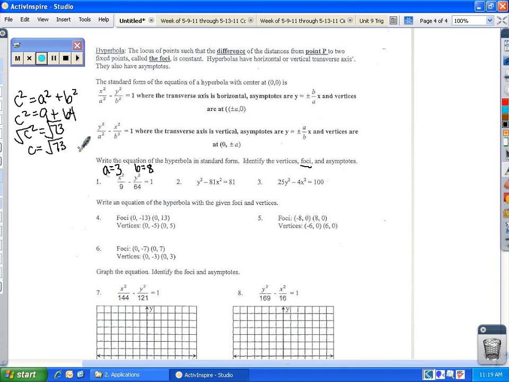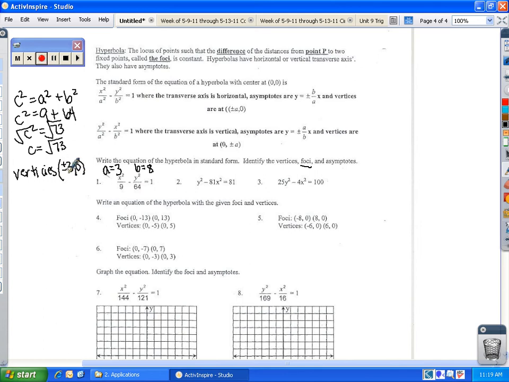Now the square root of 73 is probably somewhere around 8.3. So when you graph those, you're going to want to graph them at about 8.3 on the transverse axis. Now since the a value is associated with x, I know that my transverse axis is going to be along the x-axis. So therefore my vertices are going to be plus or minus 3, 0.